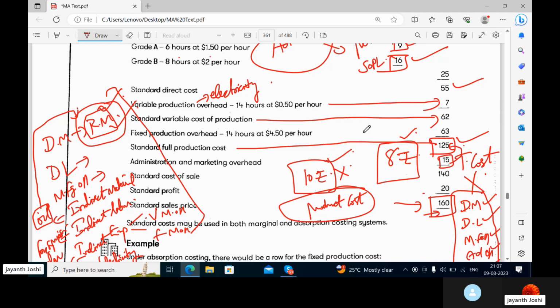So the product cost is 125, administrative overhead is 15, and the total standard cost is 140. Now we add a 20 rupee margin and sell at 160 rupees. But this is the total cost. I am speaking about the product cost.